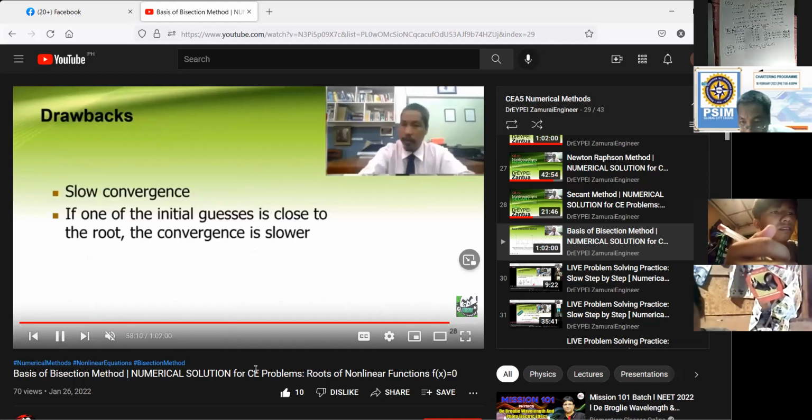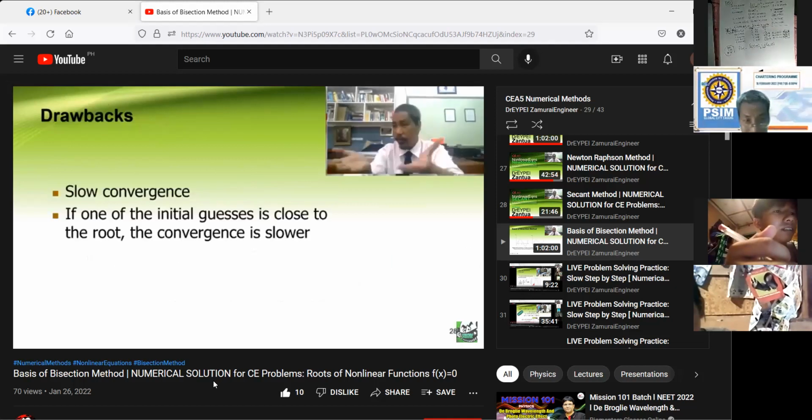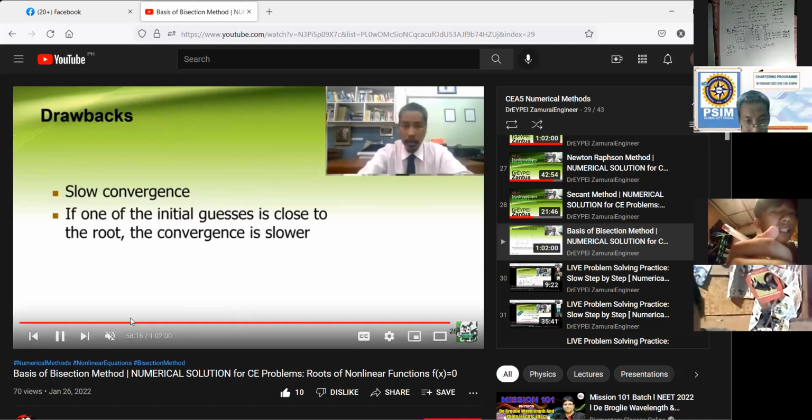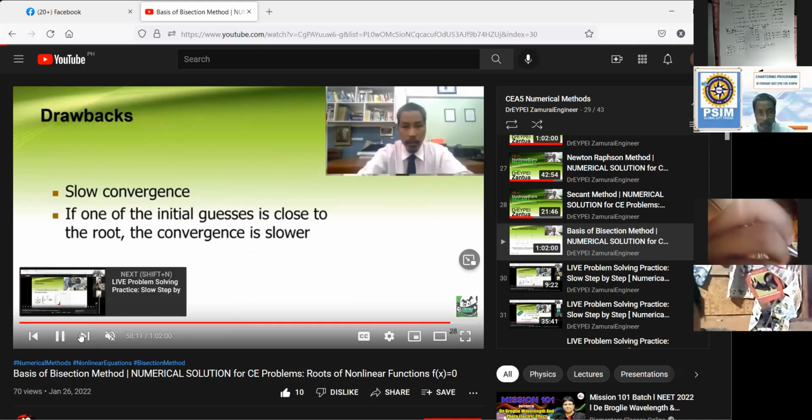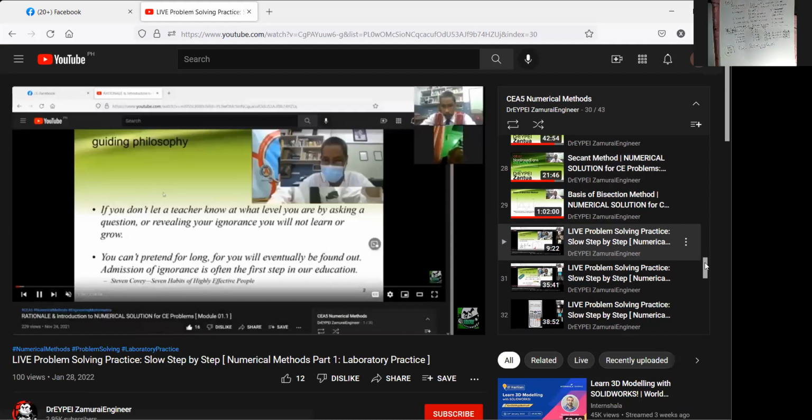This is the first one in solving nonlinear function. We will jump from the live problem solving, because the purpose of live problem solving is, of course, practice. Therefore, all of those problems in the live problem solving are already explained.